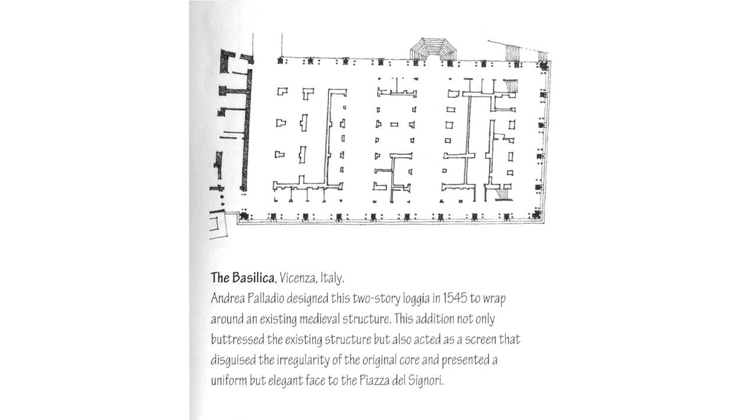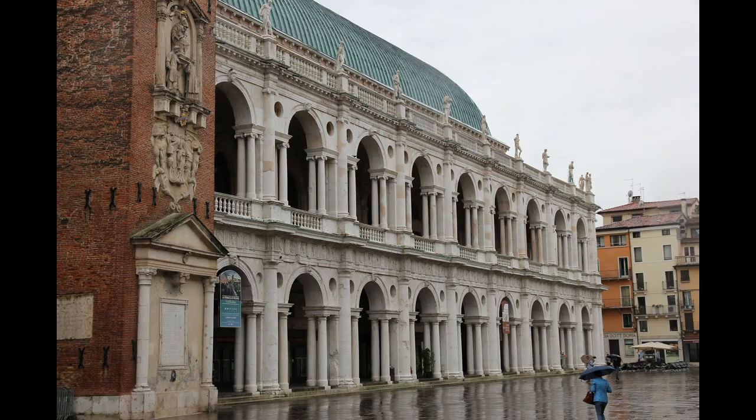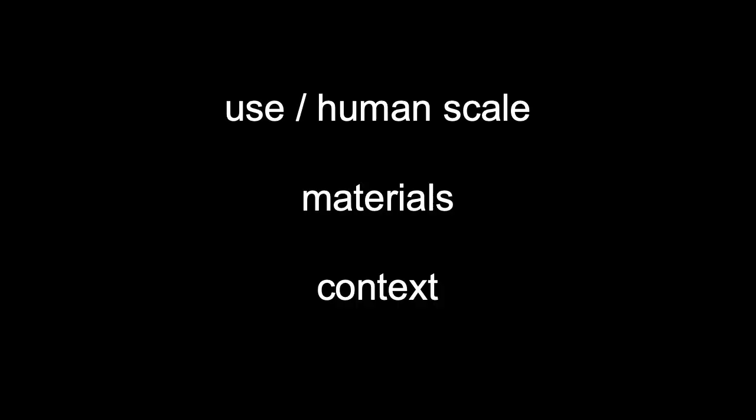So again, Palladio in this case had to fit his own design to the already existing medieval structure, where he only had to put a facade around. So this is an example of how to derive dimensions, modules, greater distances from the context.